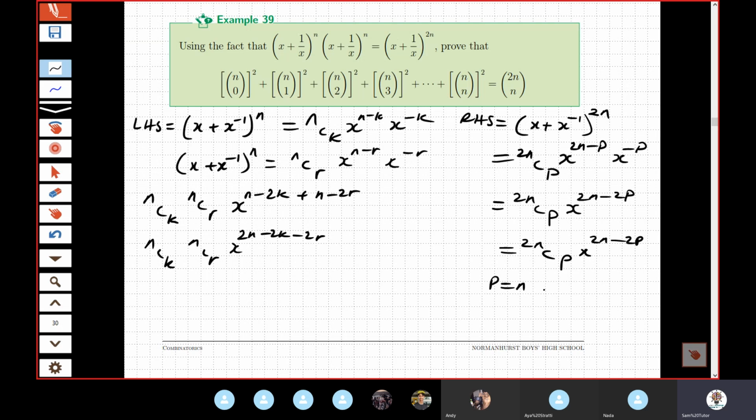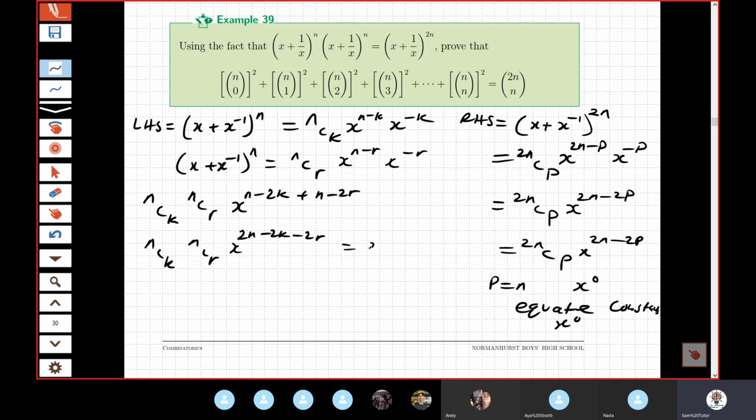But let's have a history. Yeah. So it's just going to be the coefficient. So it's literally all your constants. So p equals n, you get x to the power of 0. So technically you're equating constants, if you want to think of it like that, or you can say equating coefficients of x naught. So if you need to get x naught in this business, how does it work?